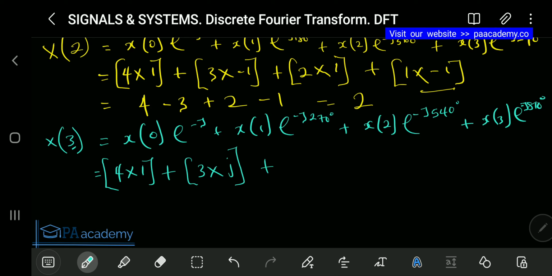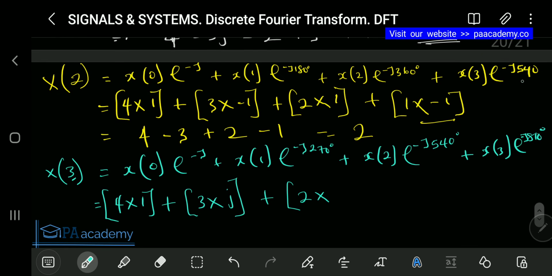Plus, for our x of 2, that will be 2 times exponential minus j 540 degrees. We've gotten it here too to be minus 1. So that will be 2 times minus 1, plus x of 3. Our x of 3 is 1 times exponential minus j 180 degrees.